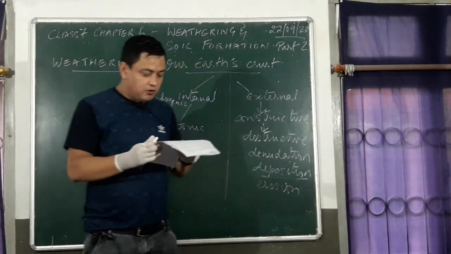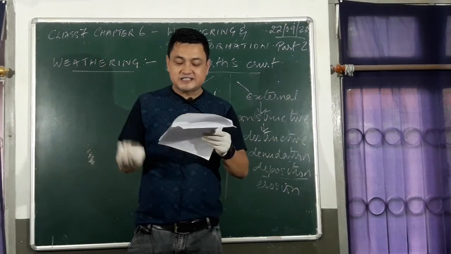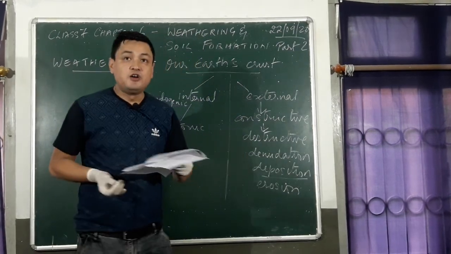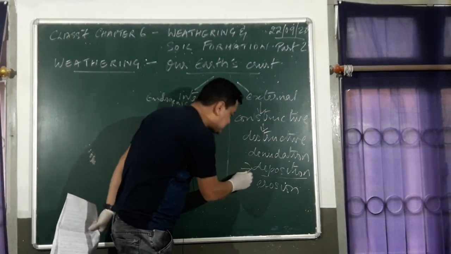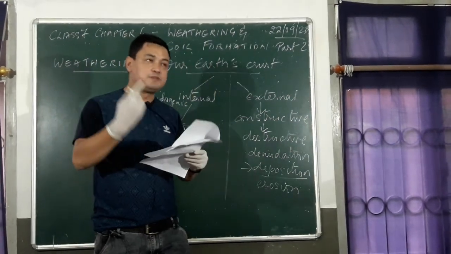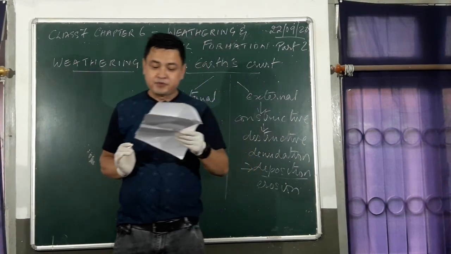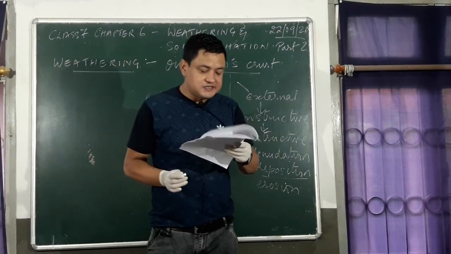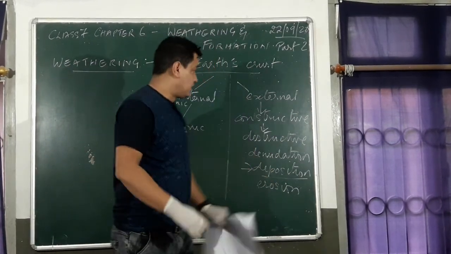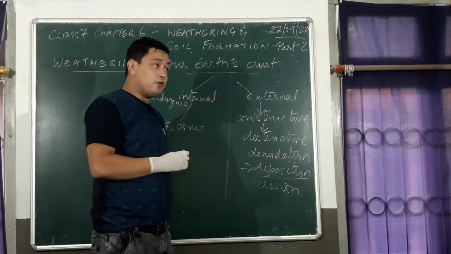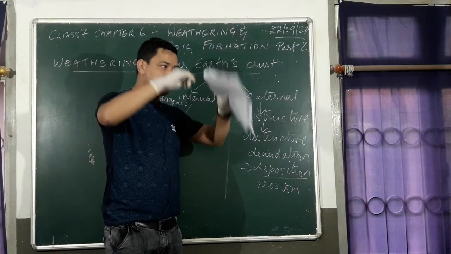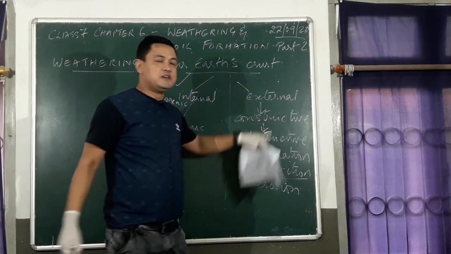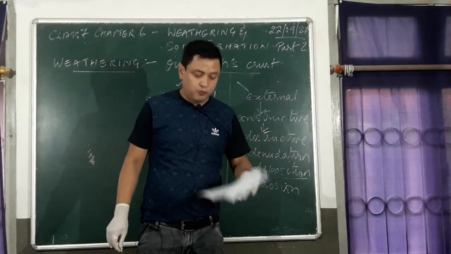So sediments are carried over distances and are deposited in new places. What are sediments? Sediments are brought down by the rivers, which get deposited in a new place. In other words, the earth's surface is remodeled. This endogenic force creates mountains, but the shape of the mountain is made by the external forces.